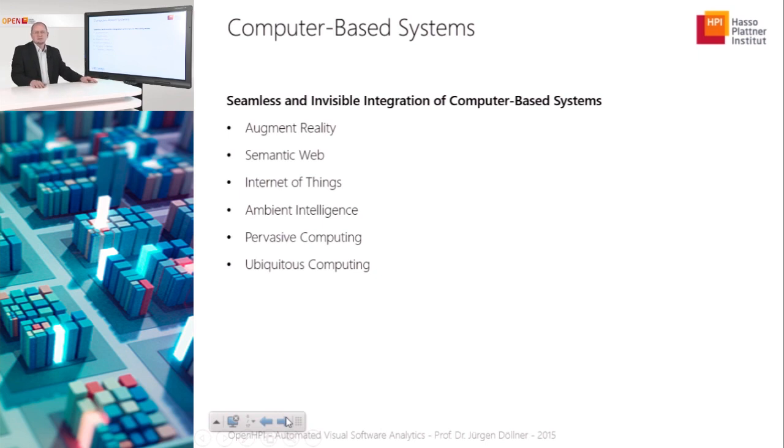Another key trend is the Internet of Things and ambient intelligence, when computer-based systems become integrated with our daily and regular environment. All these directions can be summarized by pervasive computing or ubiquitous computing. These are the key trends in the next decades.